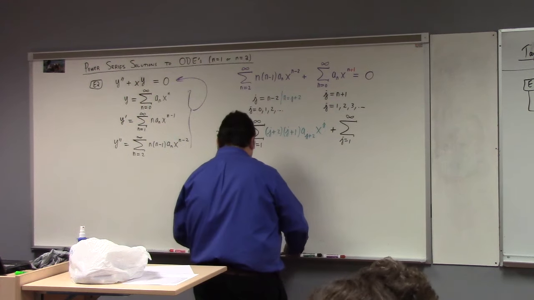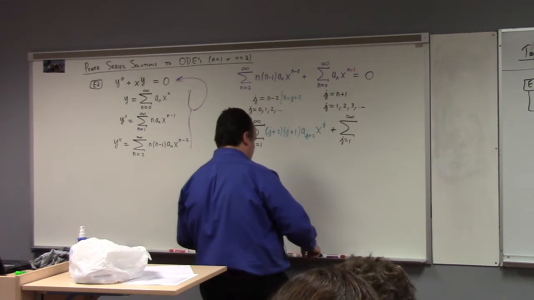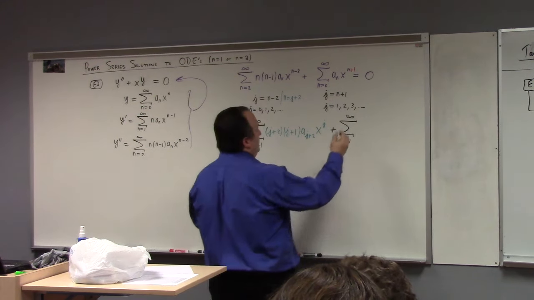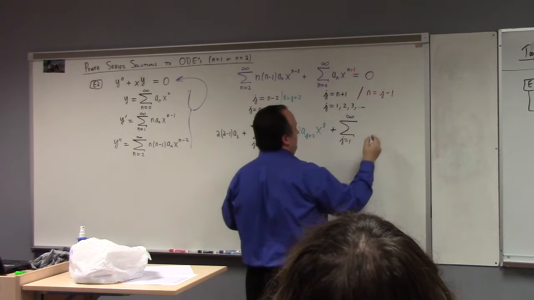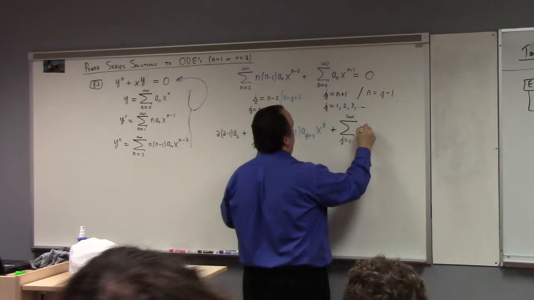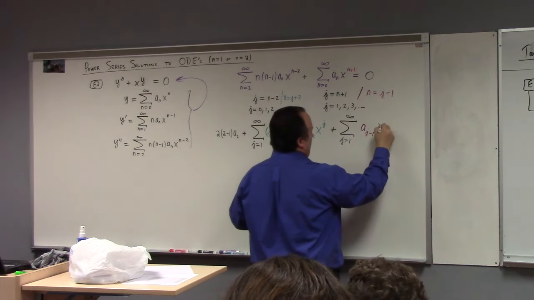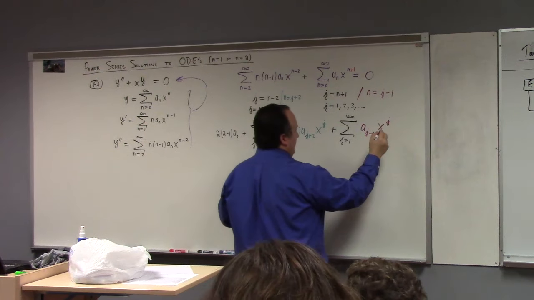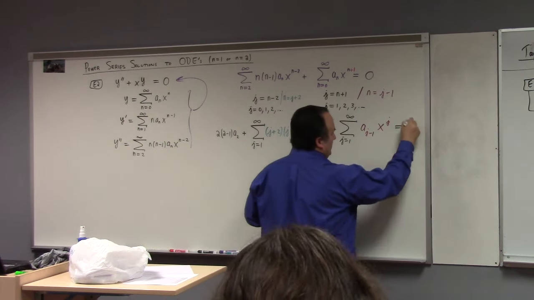This one says n equals j minus 1, so I have a sub j minus 1, x to the power j over there. And all of that equals 0.